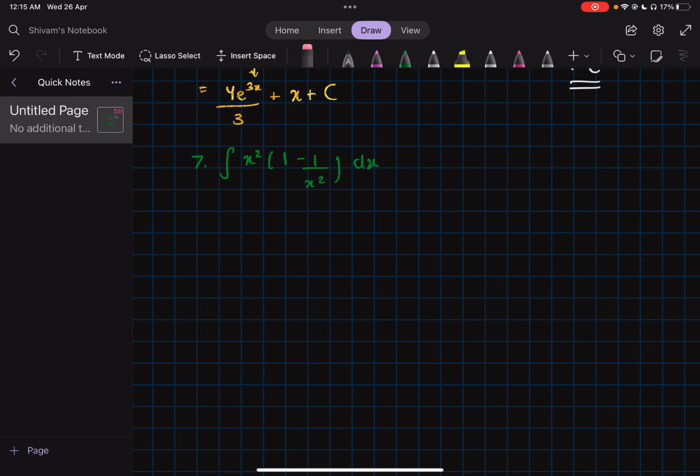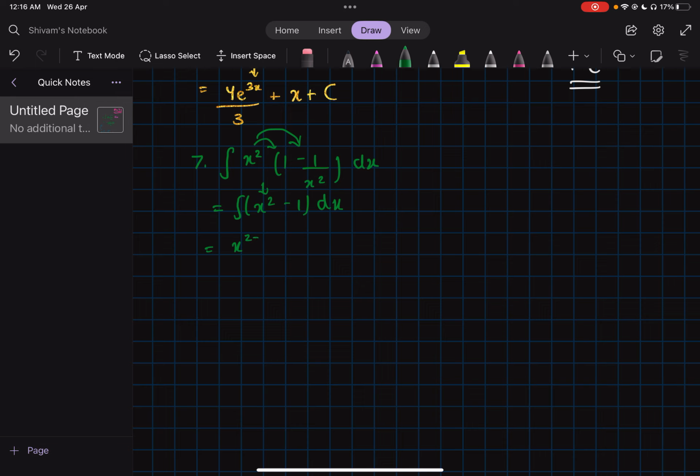In this case, we can see that it's being multiplied, so you're gonna expand that. You multiply x squared to both of them, so you get x squared, and then this x squared and that x squared cancel, you just get a minus 1, and then a dx.